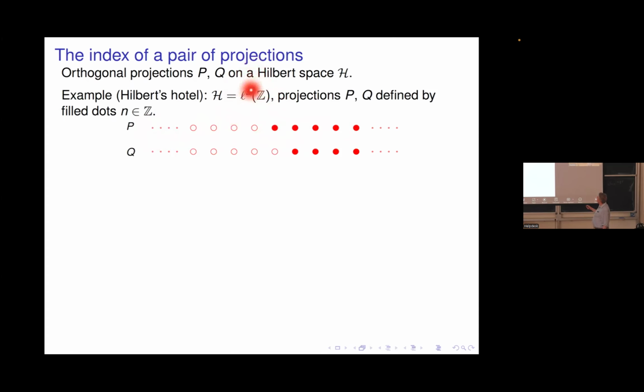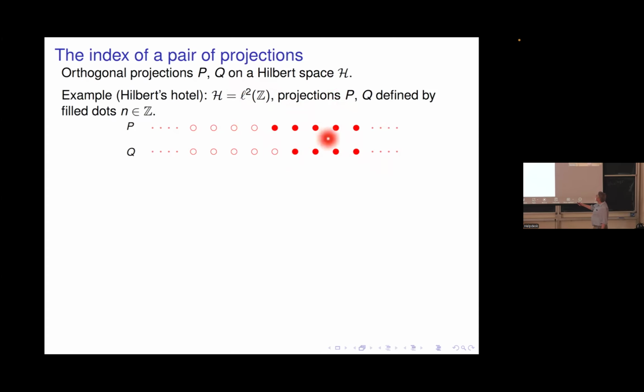And then you have a projection P that is spanned by these basis vectors there, and another projection Q that is spanned by these other basis vectors.